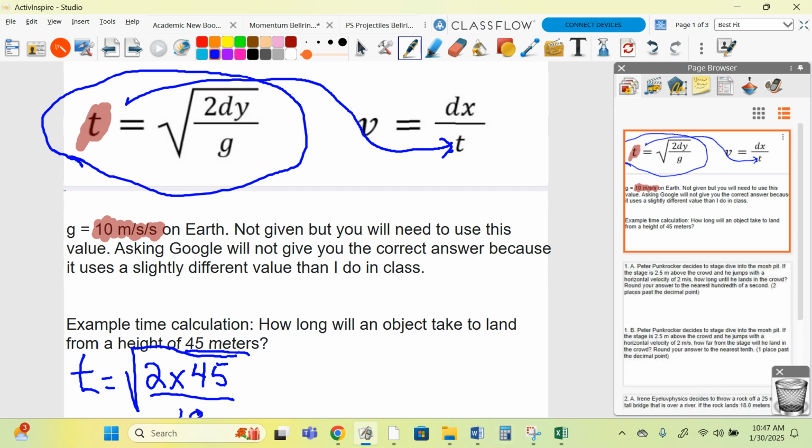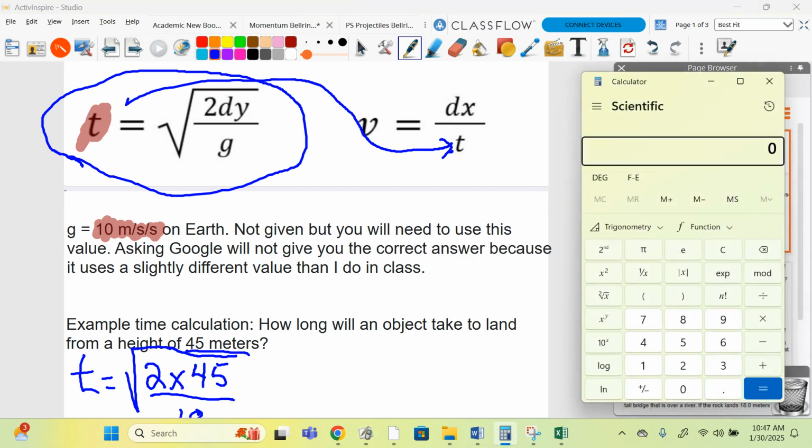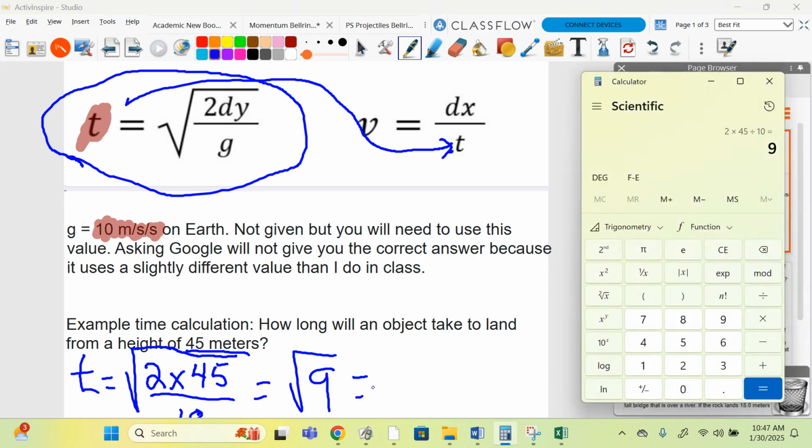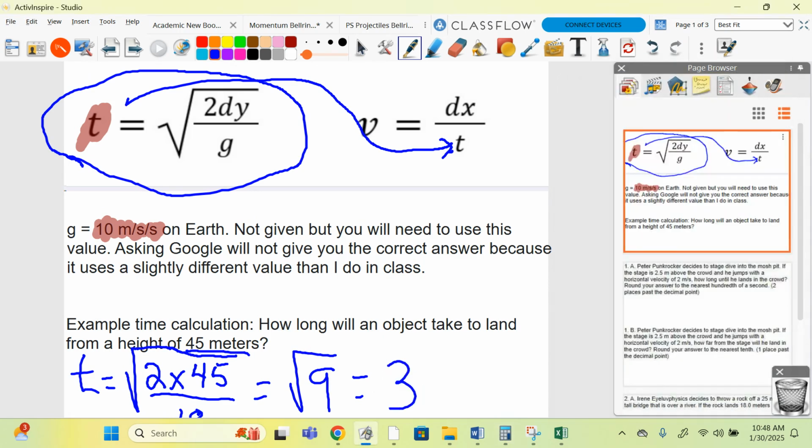Now, in my computer calculator, I want to do everything underneath the square root first. Then I just take the square root of that number. So 2 times 45 divided by 10 gives 9. Now with my computer calculator, I need to have the number in here first. Then I take the square root, and my answer is 3 seconds.